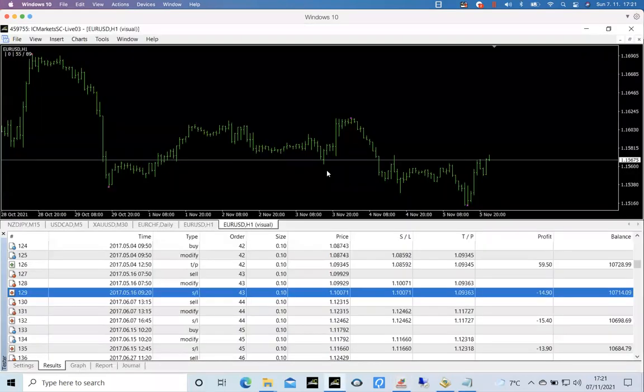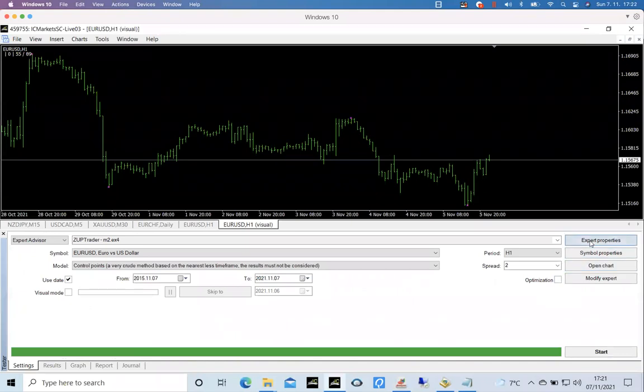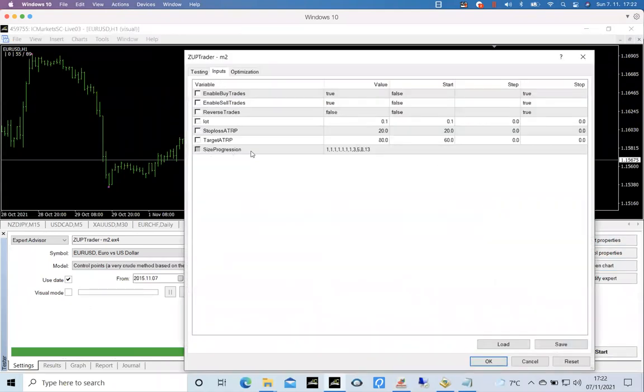So this is the power of using size progression. This is the importance. This is something different from any other strategy for adding to your lot size.